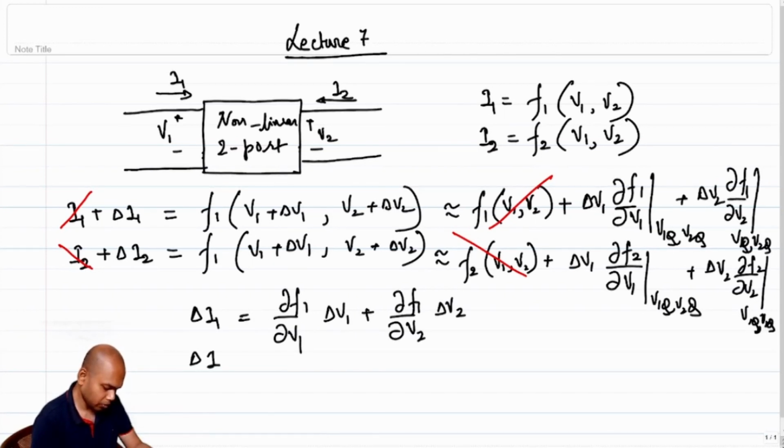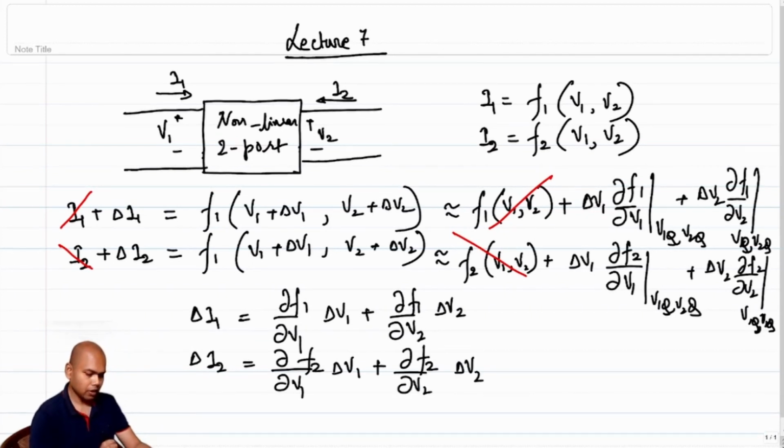Similarly, delta I2 became del f2 del V1 times delta V1 plus del f2 del V2 times delta V2.